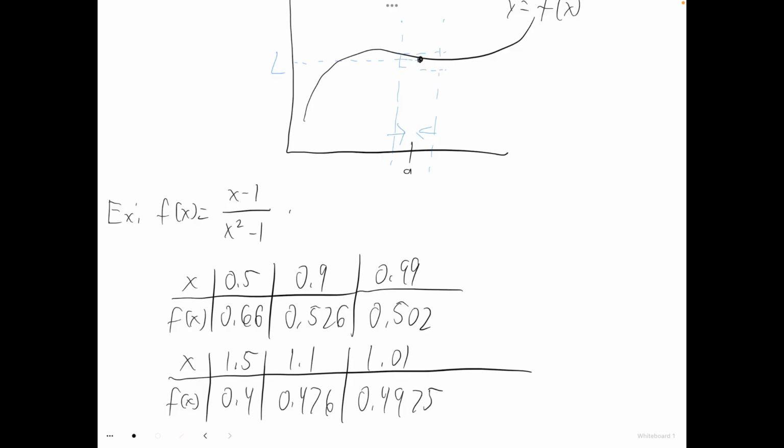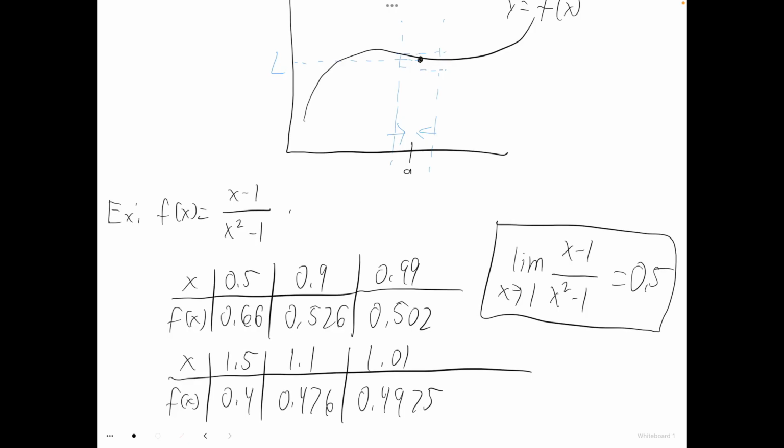And so once again, we see that as we're approaching from values above 1 but still going towards 1, our value of the function is approaching 0.5. And so we would say that the limit as x approaches 1 of x minus 1 over x squared minus 1 is equal to 0.5.